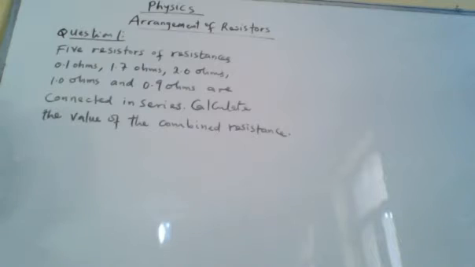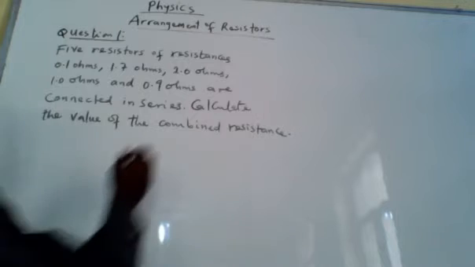This is the first question we are going to be solving. 5 resistors of resistance 0.1 ohms, 1.7 ohms, 2.0 ohms, 1.0 ohms and 0.9 ohms are connected in series. Calculate the value of the combined resistance.